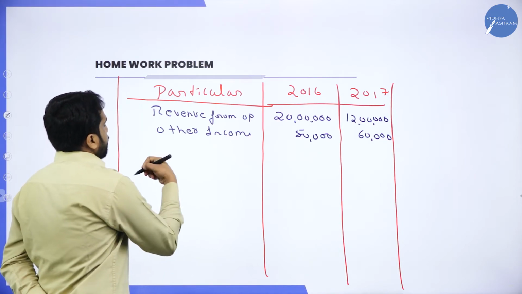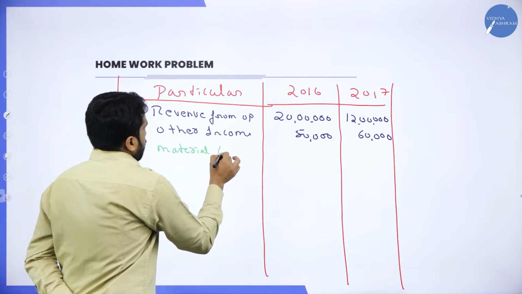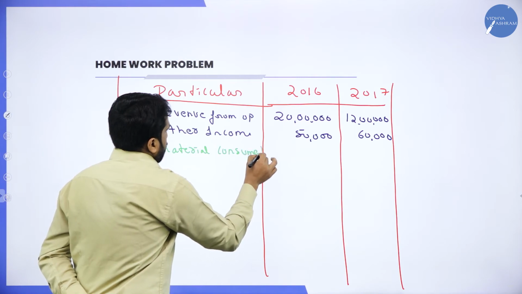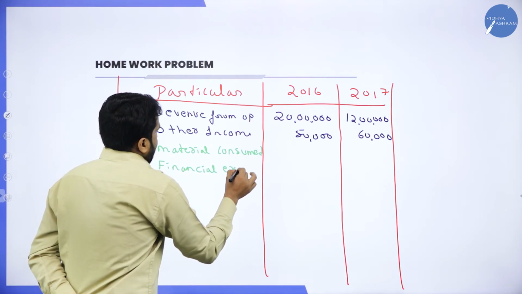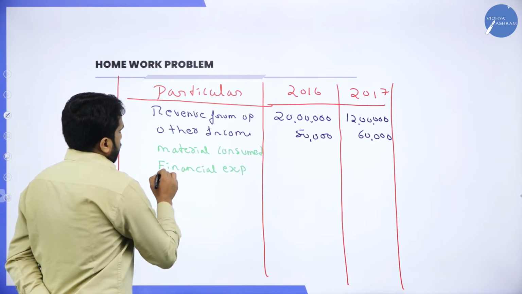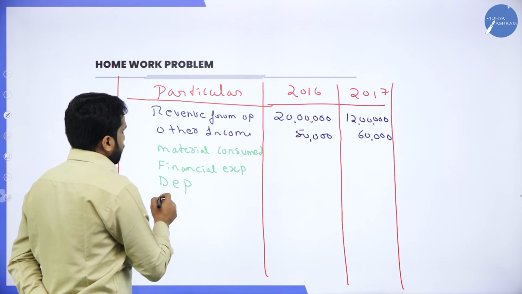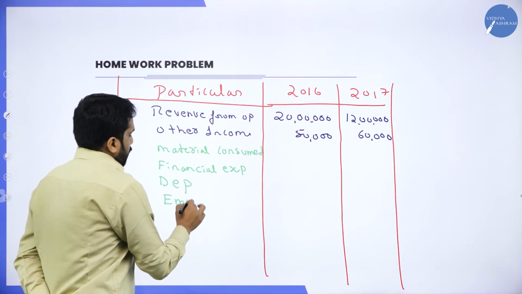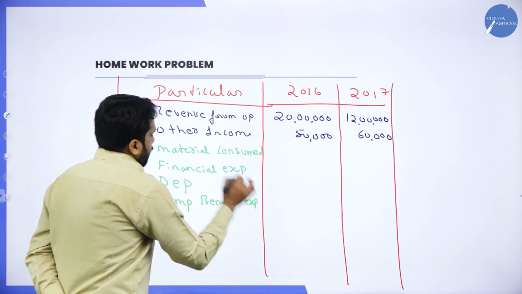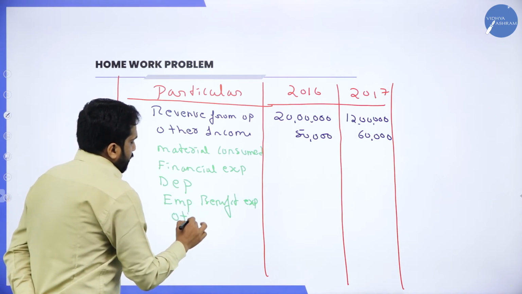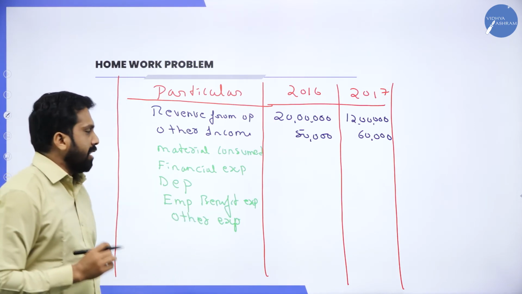After this, expenses like material consumed, financial expenses, depreciation, employee benefit expenses, and other expenses. These are the expenses you have.